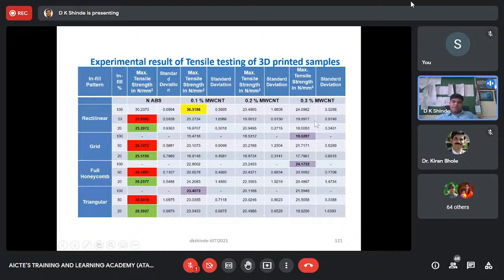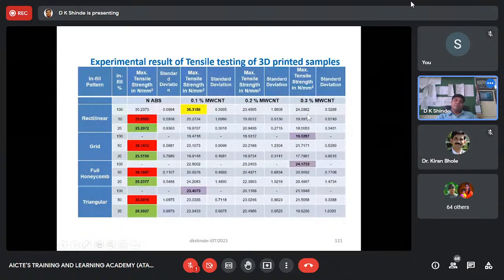If you go to 0.3 weight percentage, there is a continuous drop, whereas the rectilinear shows, with 100% infill, an improvement of 24 megapascal. But as you keep comparing with the grid, it is a continuous drop for 100%, then a 50% drop. The honeycomb also almost reached the same value. That is one of the key indicators of the honeycomb, and again it has shown a drop. So this is the comparison we did.